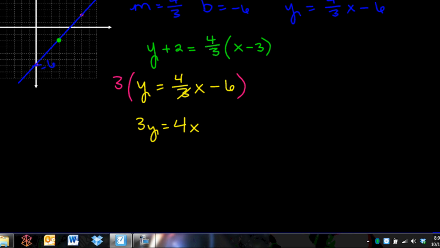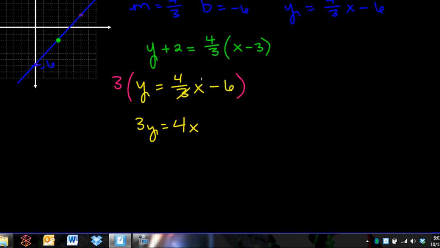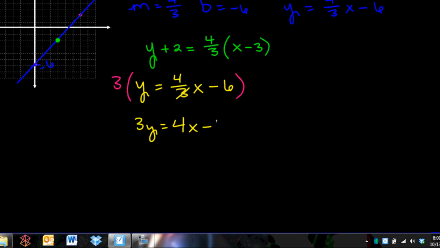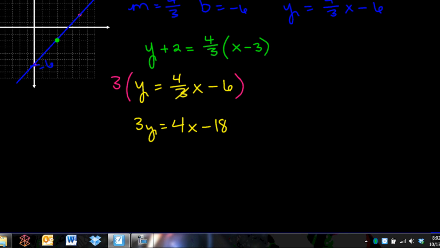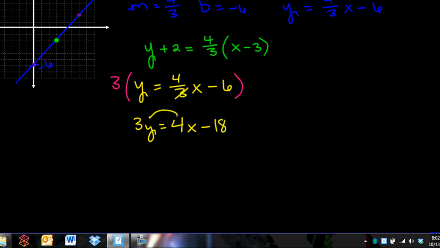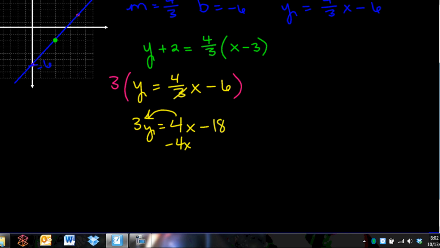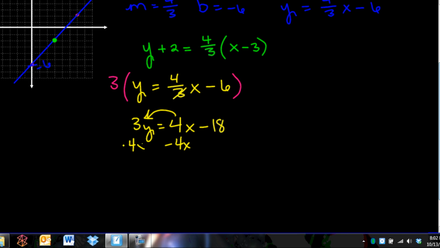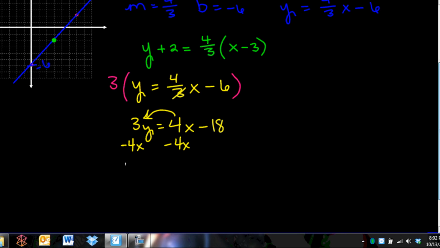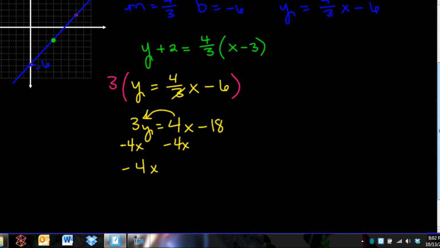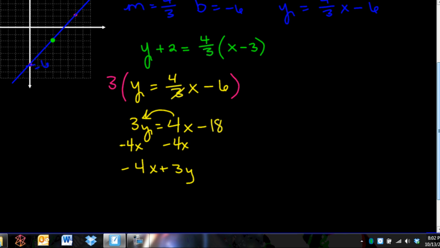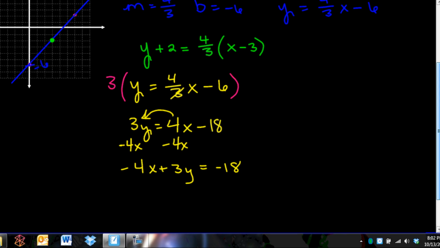That was the whole point of multiplying times 3. Then you do have to multiply the 6 times 3 and you get 18. From there, the x and y need to be put on the same side. So you're going to subtract 4x from both sides. And we end up with negative 4x plus 3y equals negative 18.